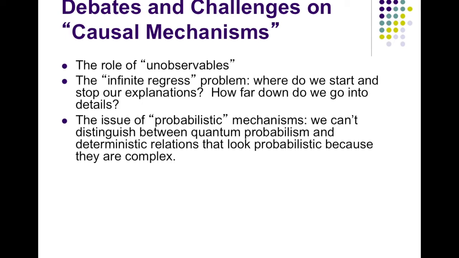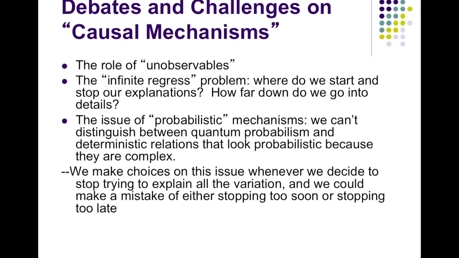This also relates to the idea of whether mechanisms can be probabilistic. I suggested earlier that they have some elements of invariance, but even there they could be probabilistic in some sense, as in quantum theory. And so here again, we can make a mistake in either one of two directions. We could treat things as if there's some kind of quantum style probabilism when, if we understood them correctly, they would reveal themselves as really quite deterministic.